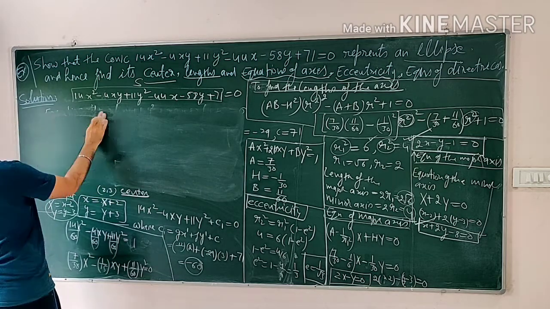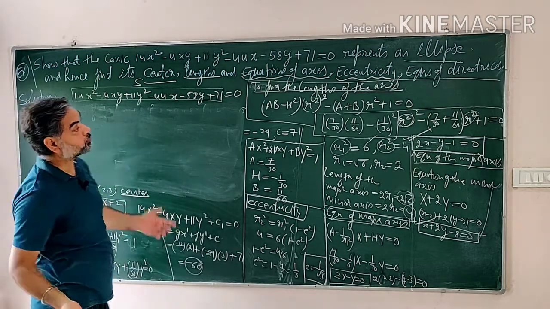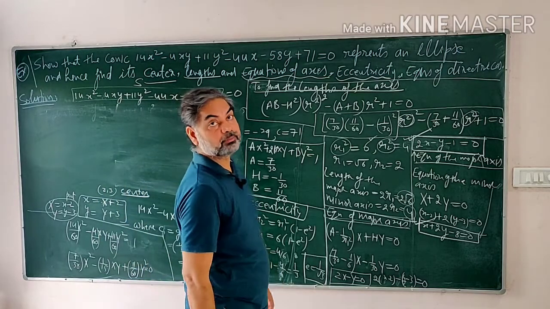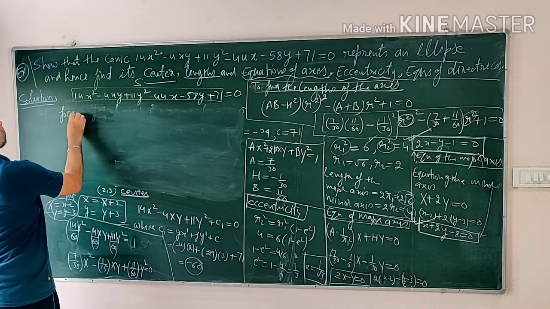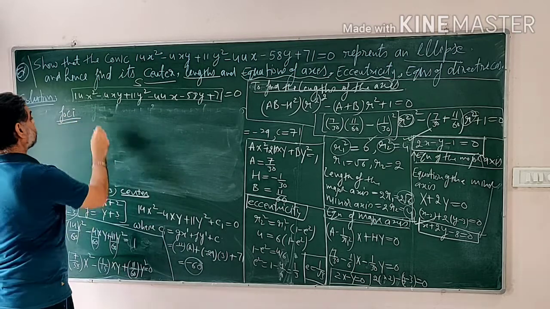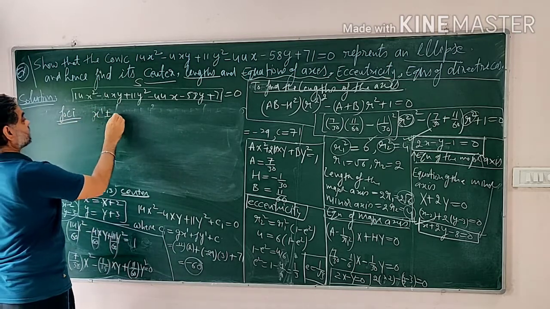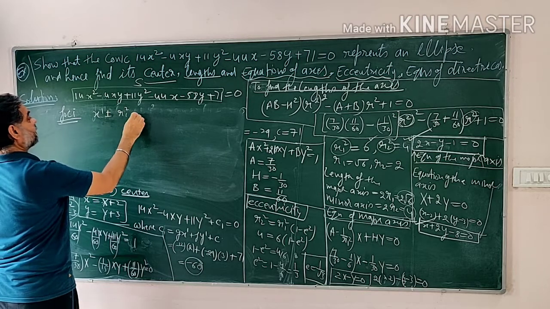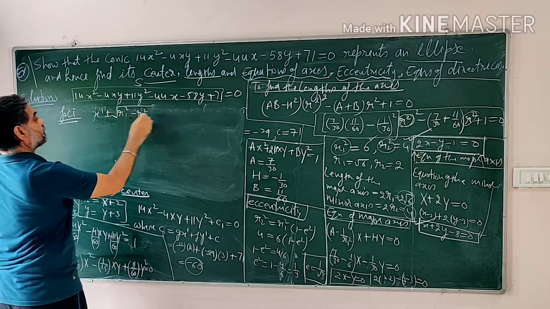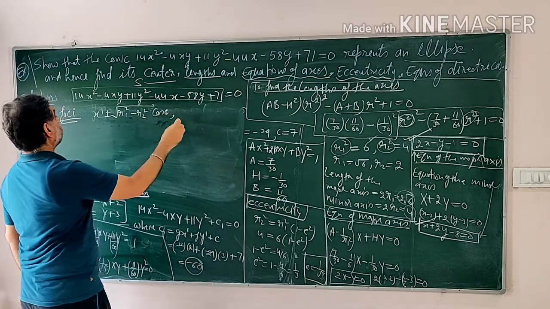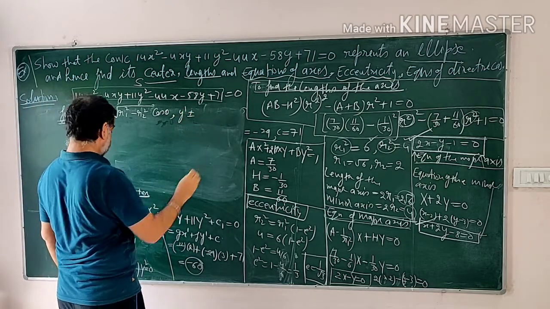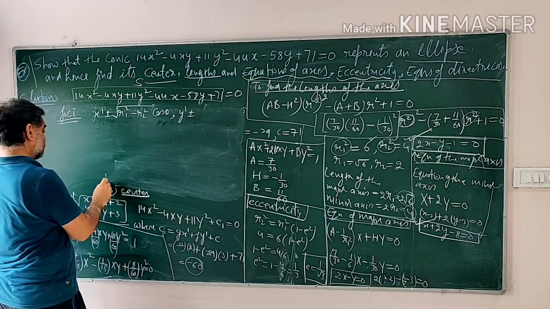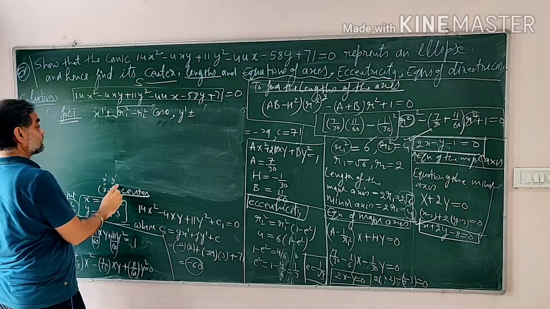Before finding the equations of the directrices, we can also find the coordinates of the foci of this ellipse. The coordinates of the foci are given by x dash plus or minus root of r1 square minus r2 square times cos theta, and y dash plus or minus root of r1 square minus r2 square times sin theta. Here x dash is 2 and y dash is 3, which is the center.